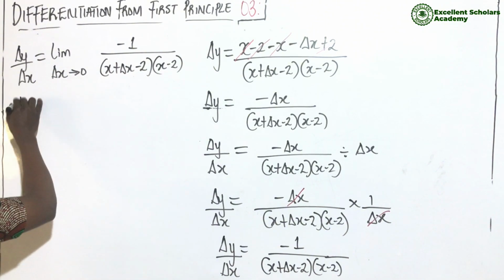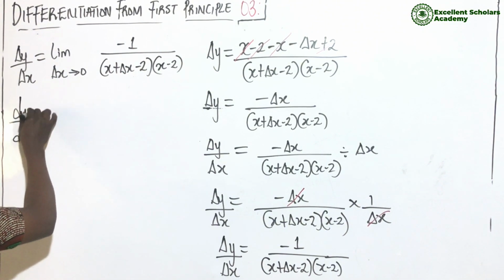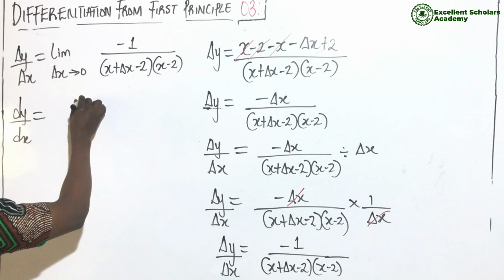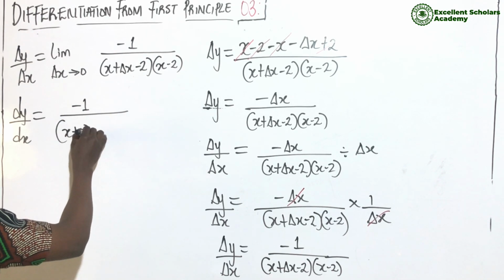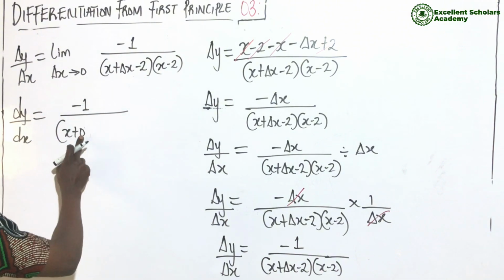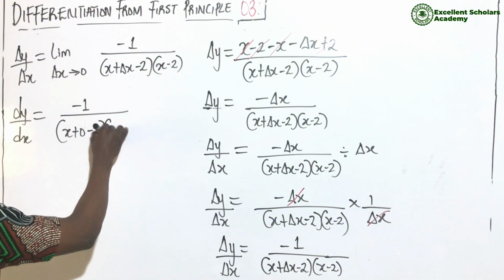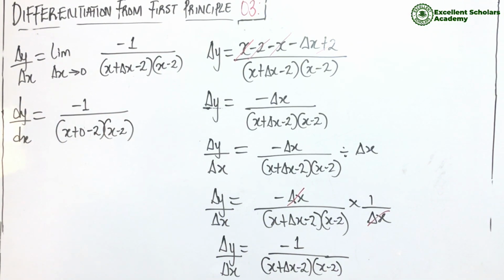So this becomes dy dx is going to be equal to minus 1 over, this becomes x plus 0 minus 2 into x minus 2.